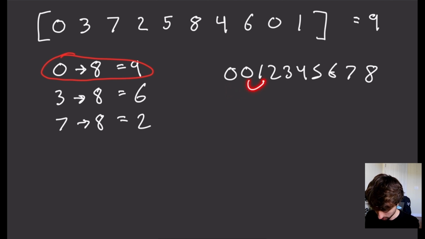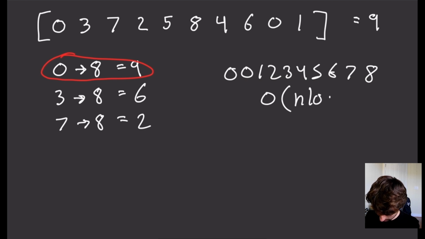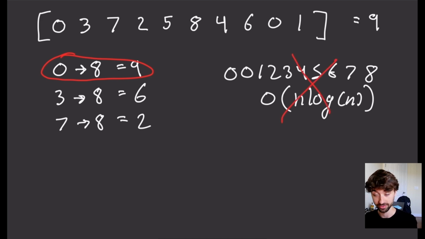Now it goes to 2, and then it goes all the way up to length 9 here. And that's one way to do it, but if we did it by sorting, this would end up being O of n log n, because the sort would take n log n, but then after the sort, we would have to go through and count how long the sequence is. So this would end up being O of n log n, which is good, but it's not quite the O of n that we're looking for. So that solution is not going to work here. I just wanted to mention it.